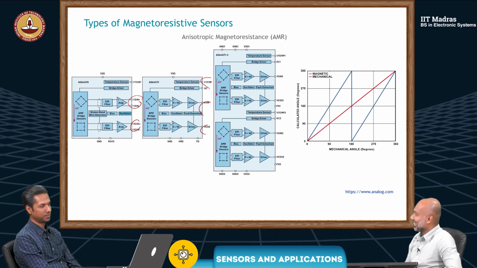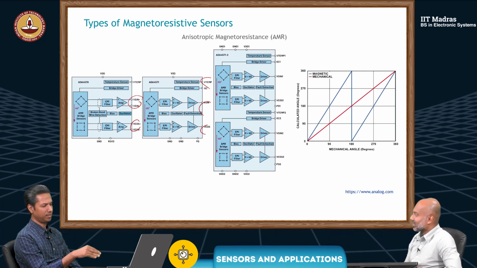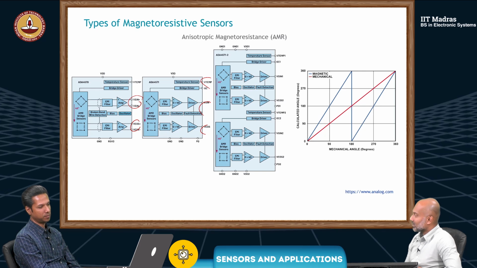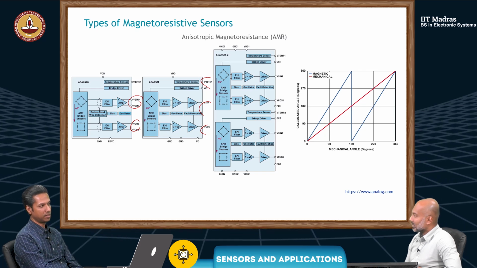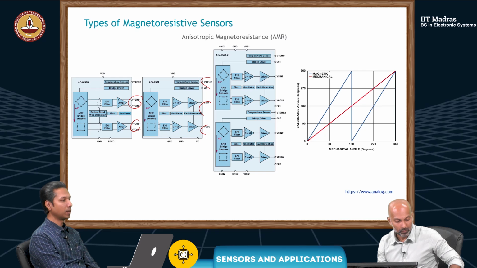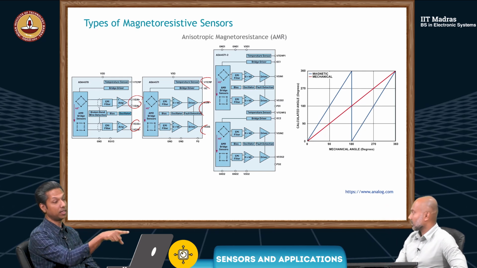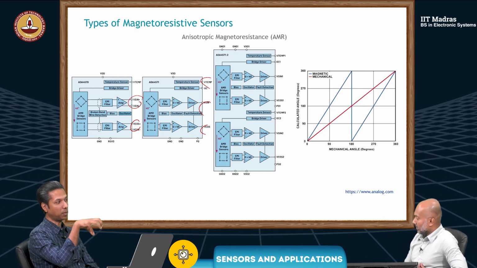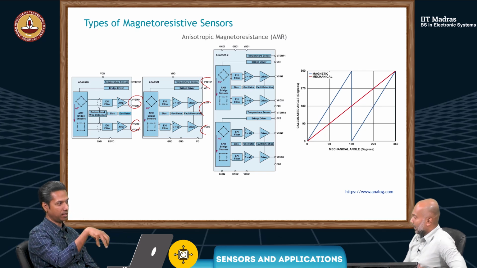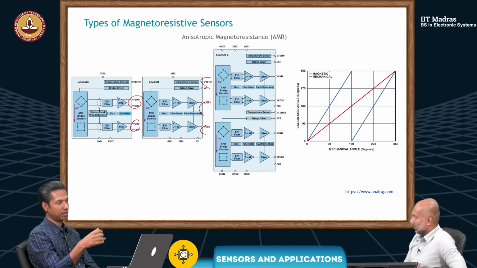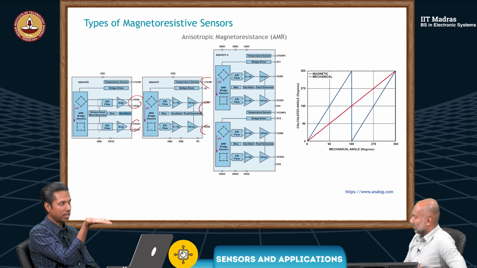But there are specific steering wheel sensors. Because here we have used a magnet on an axle. You have a shaft and you have attached a magnet.